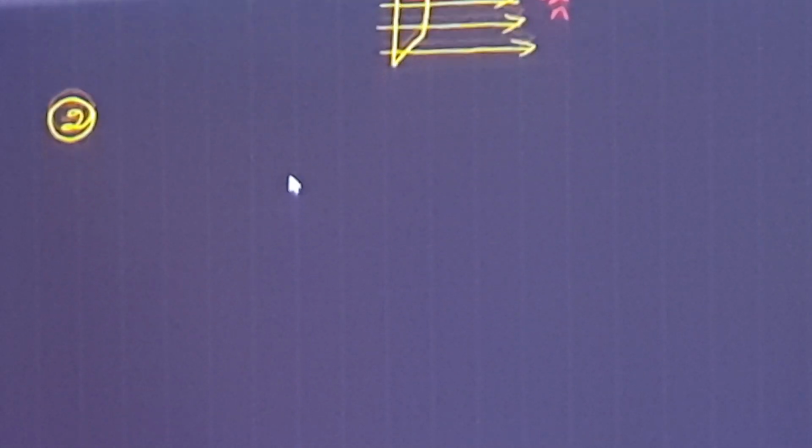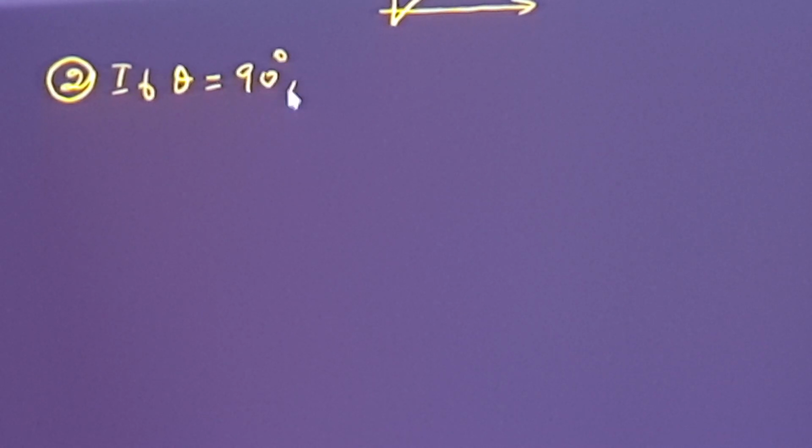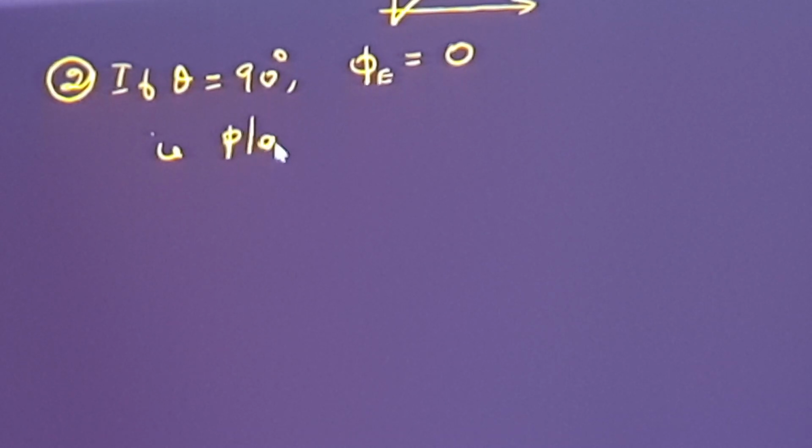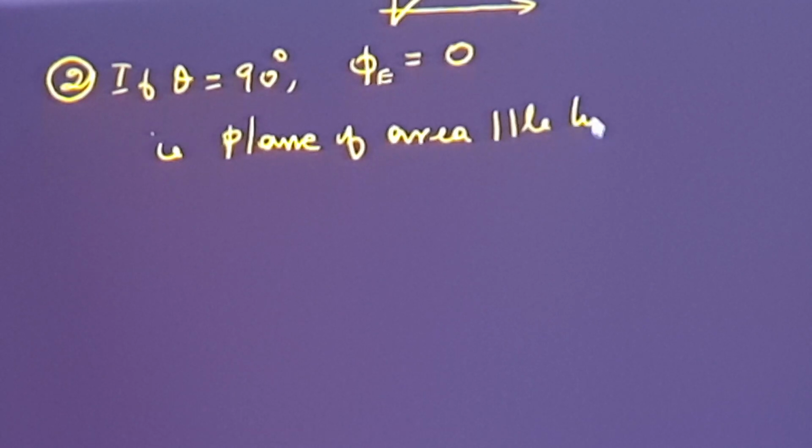Similarly, what is the second part that I have explained? If theta is equal to 90 degree, then the electrical flux available is equal to 0. Here, the plane of the area we have considered is parallel to the electrical field E vector.